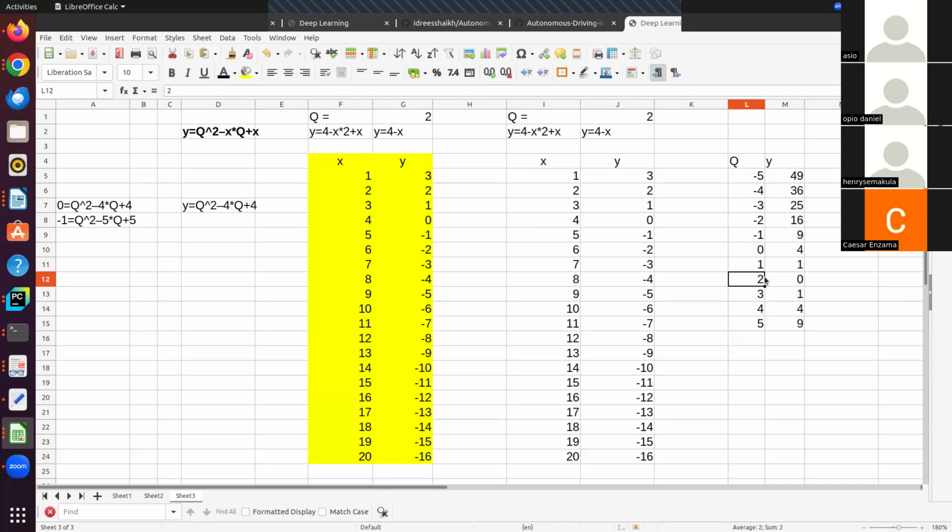Otherwise, it would be a different number. So we're really looking for the point of minimum, where this function gets a minimum. That's why we can find the real q underlying those relationships. I hope that makes sense.